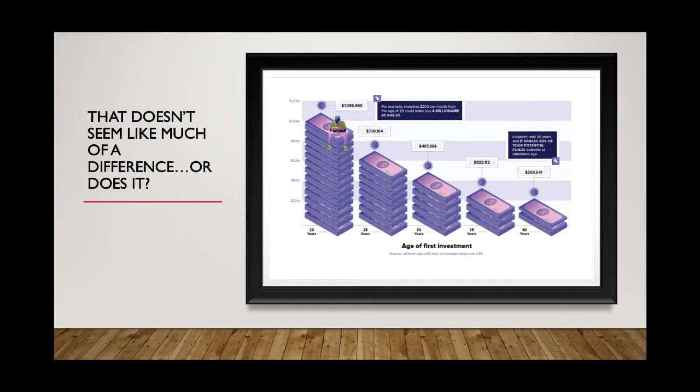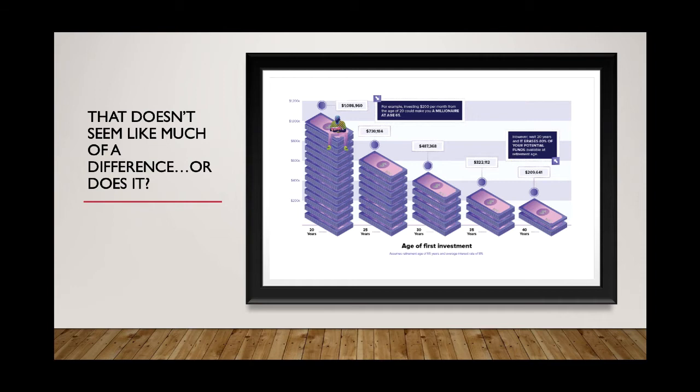That's what this graphic here is trying to show you. The graphic, if you look carefully, what this is basically saying is, let's assume that you're going to retire at the age of 65, and you're 20 years old right now. And so with an average interest rate of 8%, let's say you start investing $200 per month starting at age 20.